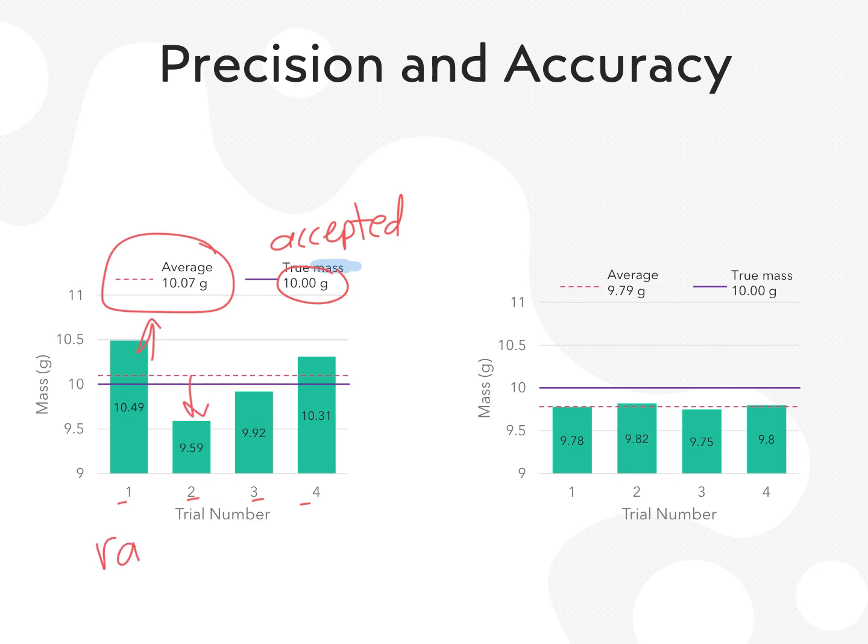This is a random error, because some of your errors are high, some of your errors are low, which means that you are not precise. Because precision is the reproducibility or agreement of one measurement with another, and these measurements do not agree with each other. So these values are not precise.